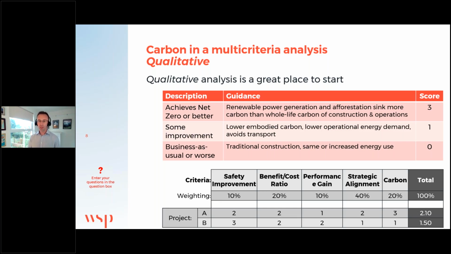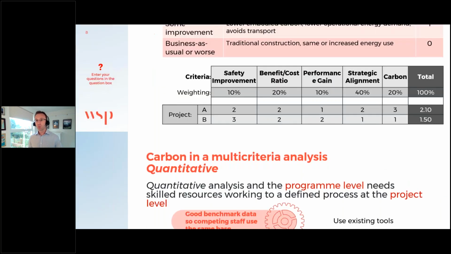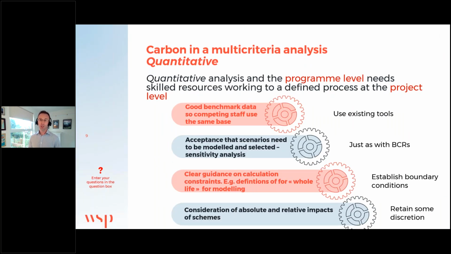What that means is when you do this multi-criteria analysis, evaluating some potential projects A and B against some example criteria, you can see how you start to assign more credit to those projects that achieve your ambitions. This is all just relative. So what you can then do is move on to a quantitative analysis, and that's great.